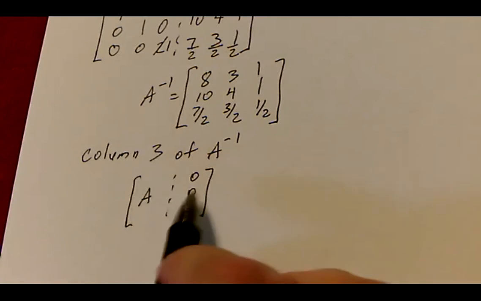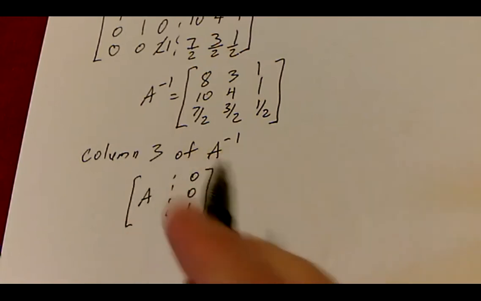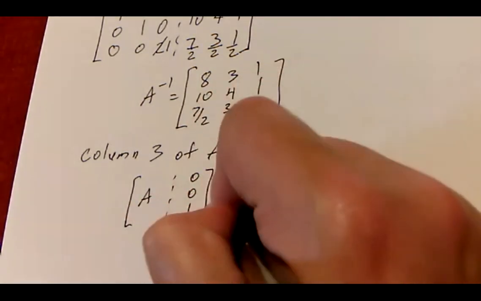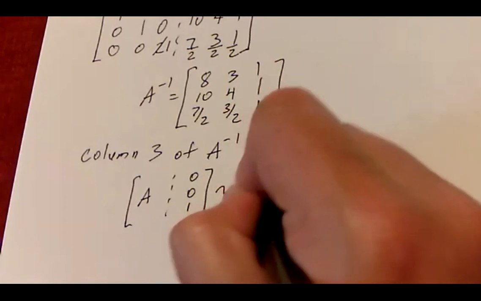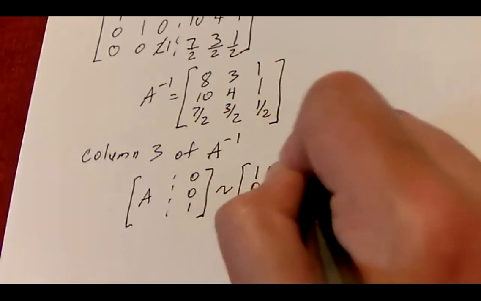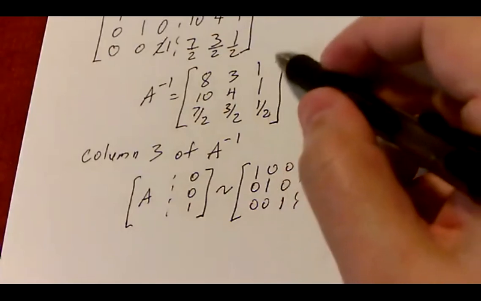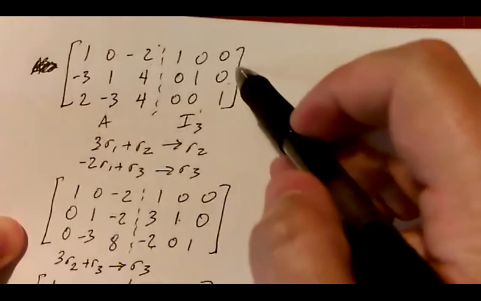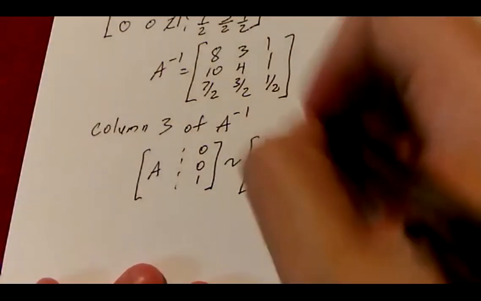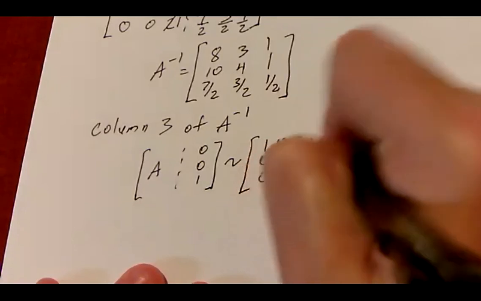If I needed column 2, I would have 0, 1, 0. If I needed column 1, and when I row reduce that, I'm going to get the identity, of course, and I'll get the third column here because that's what I started out with way up here was 0, 0, 1. And I would do all these row operations in exactly the same order, and I would wind up with 1, 1, and 1 half.